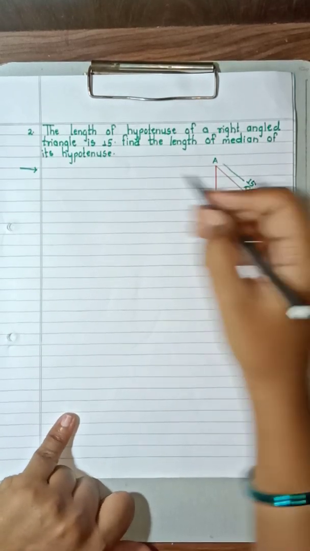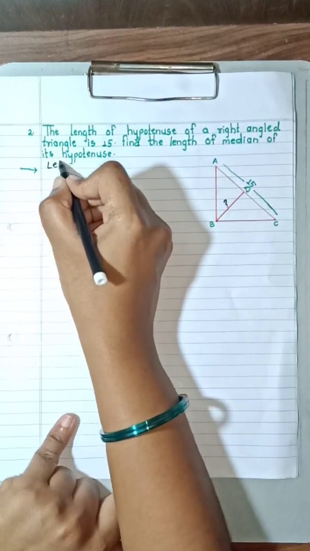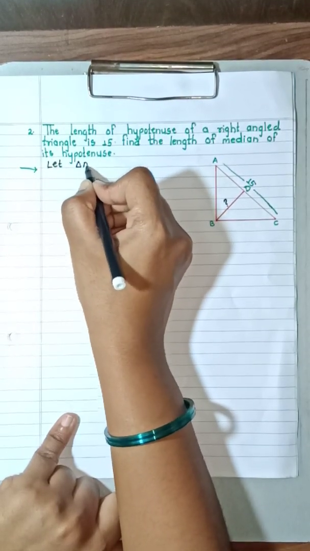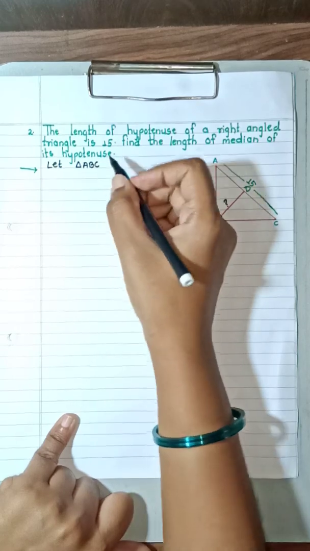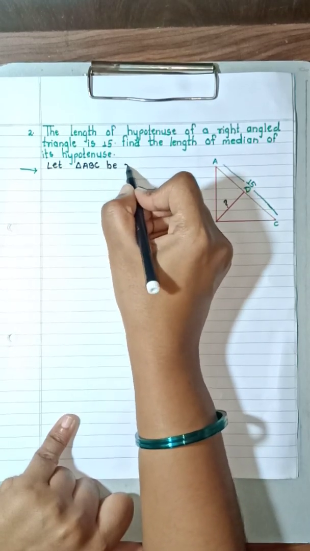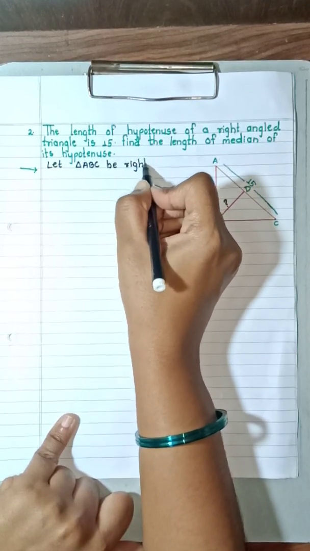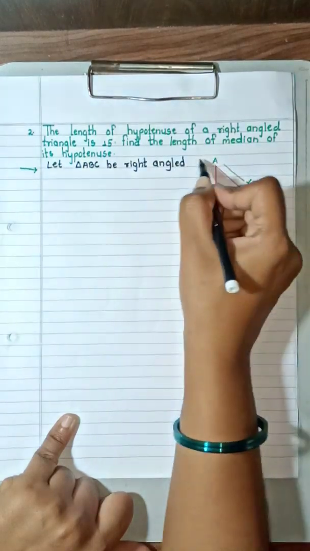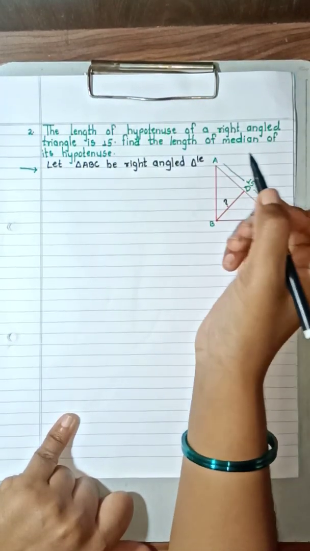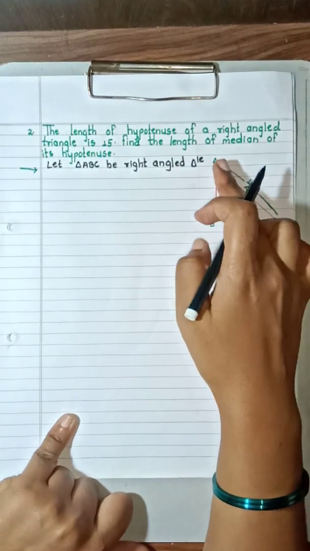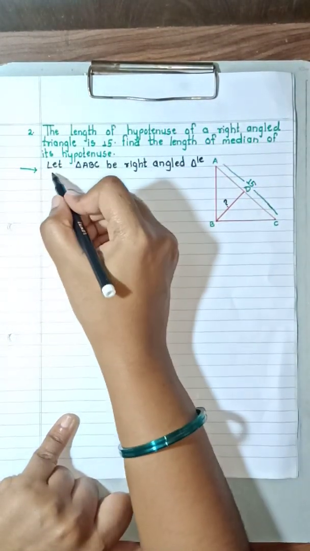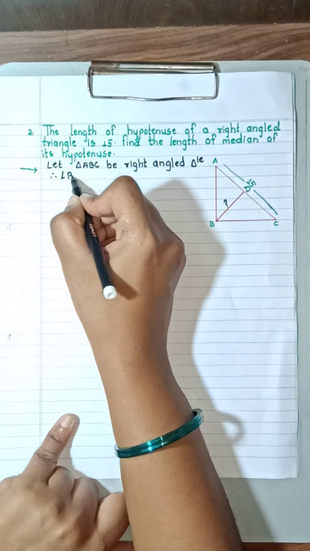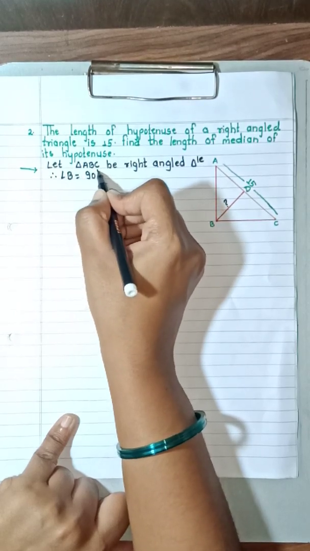Now let triangle ABC be a right angled triangle. So we have named this triangle as ABC. Here angle B is equal to 90 degrees.